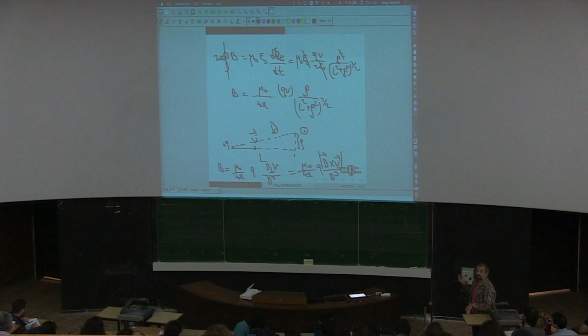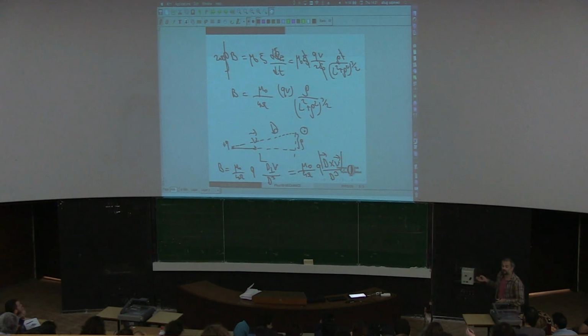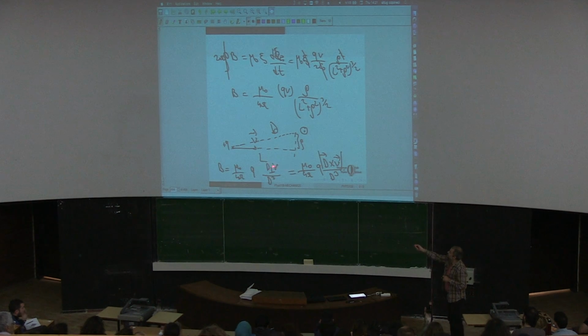Remember the definition of the cross product. If you have two vectors, the magnitude of the cross product is nothing but the perpendicular component of one of the vectors times the length of the other one. Here we have the perpendicular component of D multiplying the other vector V. So the magnitude of D cross V is nothing but rho times V.